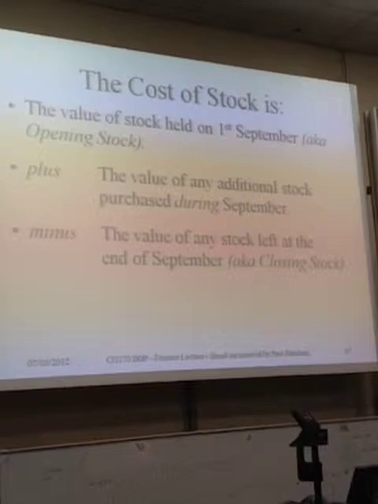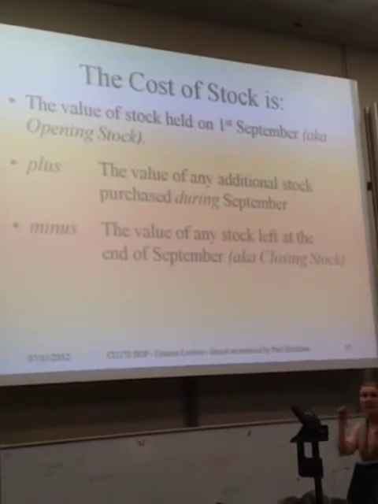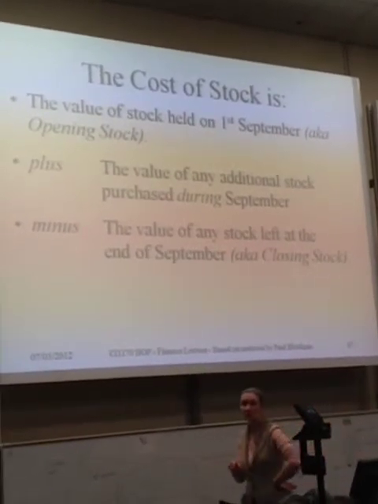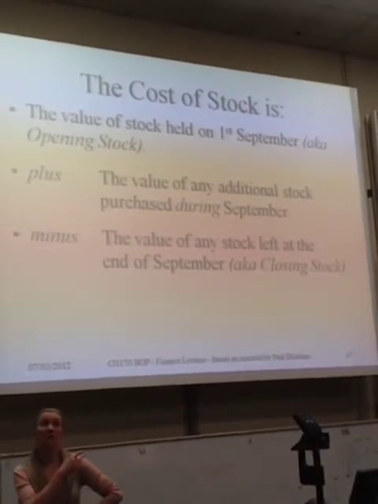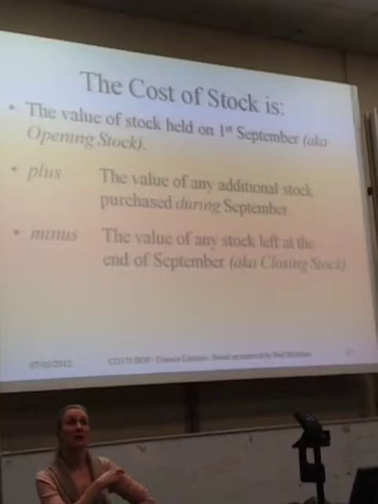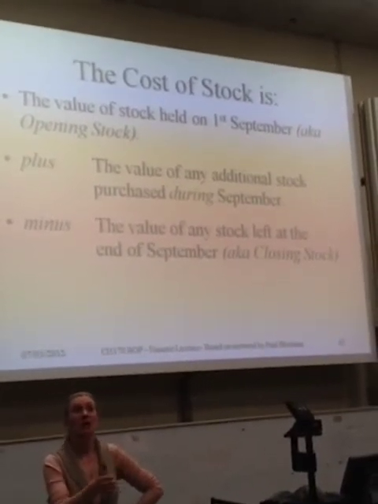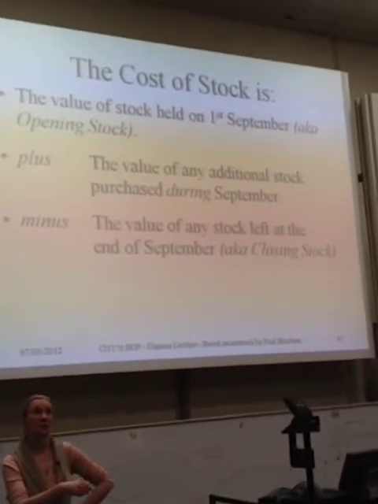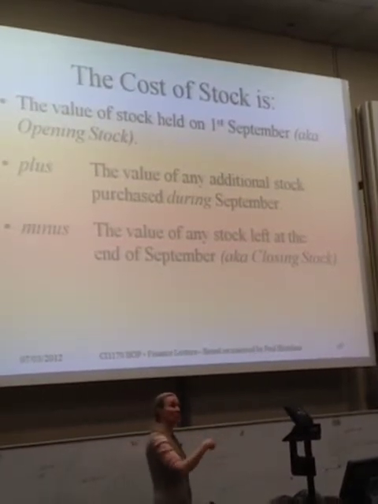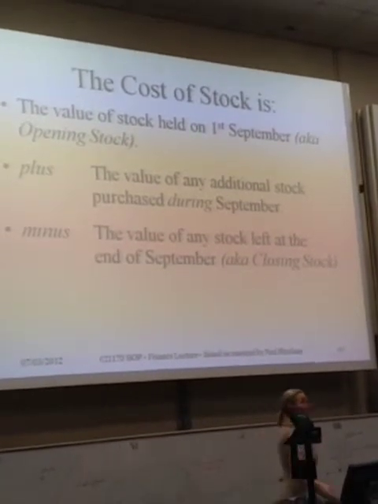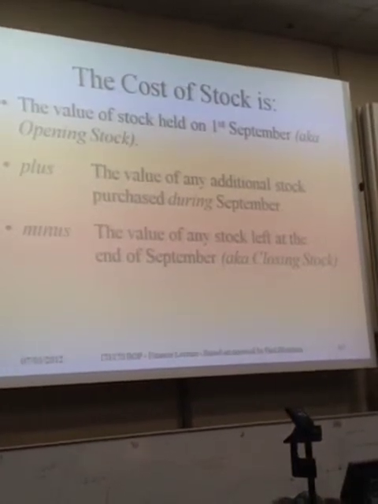Okay, so the cost of stock is the opening value of stock, brought forward from the previous accounting period, last year's accounts, plus anything that we've bought during this trading period, during this tax trading year. But that's not the end of it.